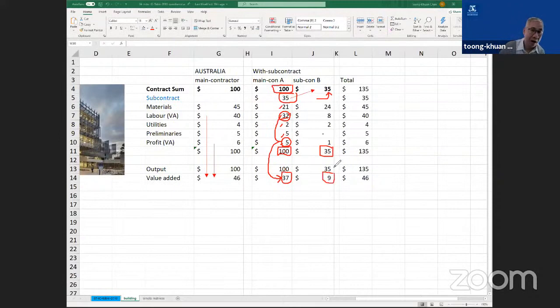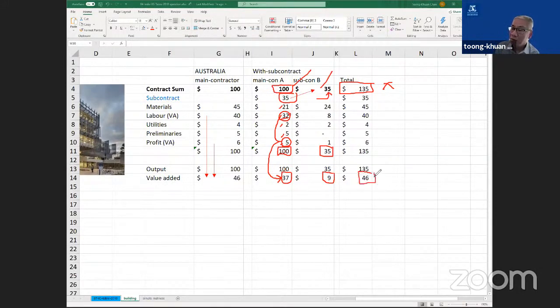Now, if you ask your statistics department to speak to the two contractors, main contractor A and subcontractor B, and ask them about output, they will say that they have a contract of 100 million and 35 million. So the total contract sum is 135, which is not correct because the actual project cost is only 100 million. The more accurate way of counting is to count value add.